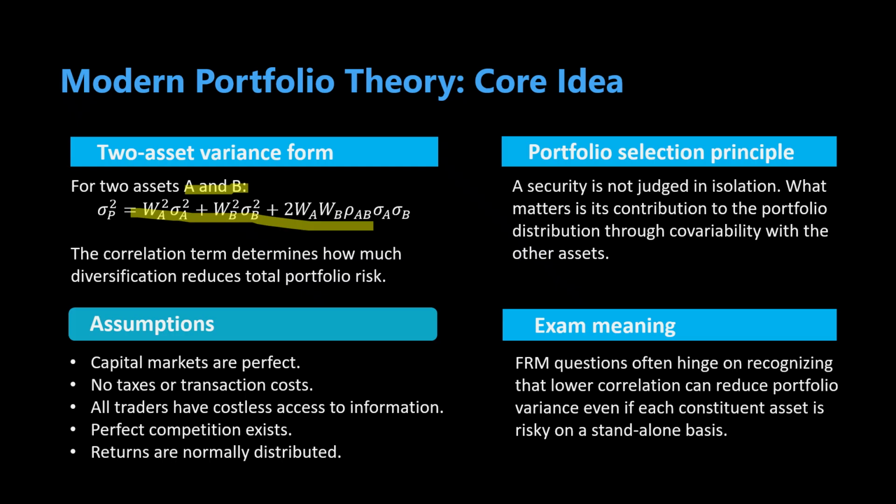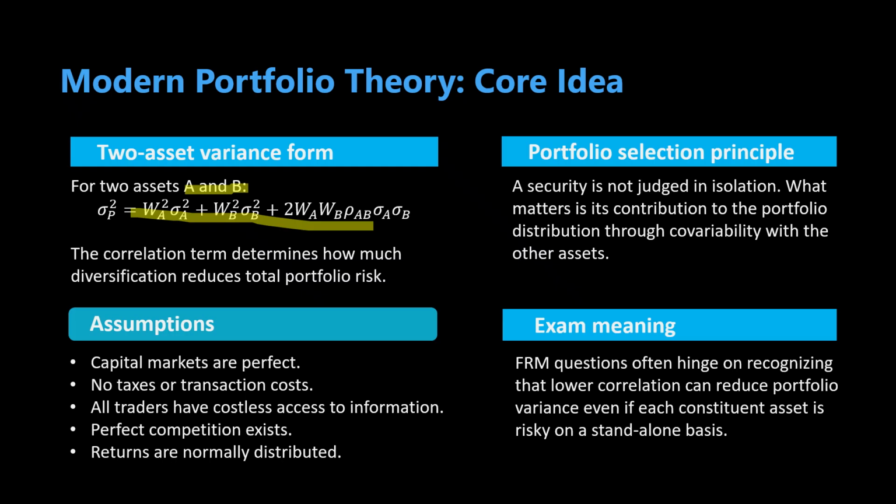The parameter rho AB is the correlation coefficient of the two assets, and when this correlation is low or negative, the cross term shrinks and the total portfolio variance falls below what you would get from simply averaging the two individual risks. This is the mathematical foundation of diversification. That is, combining assets whose returns do not move in perfect lockstep reduces total portfolio risk.